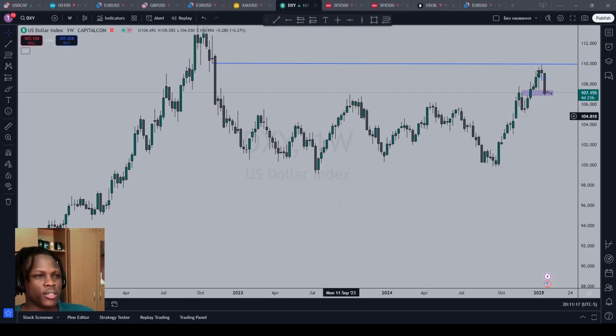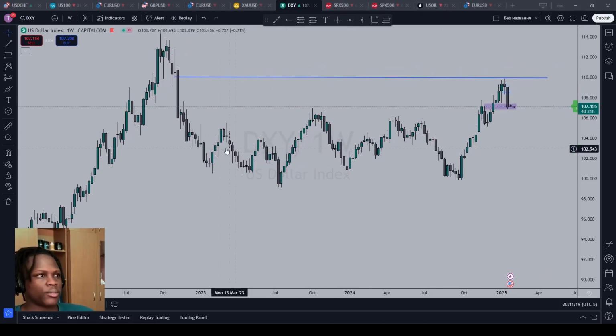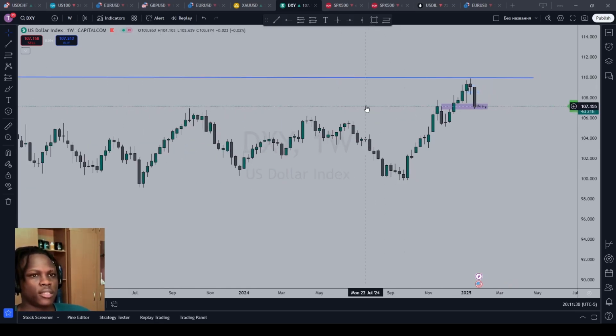As you can see on what's showing on the screen, I'm showing my TradingView, and on my TradingView, I have my US Dollar Index weekly chart.